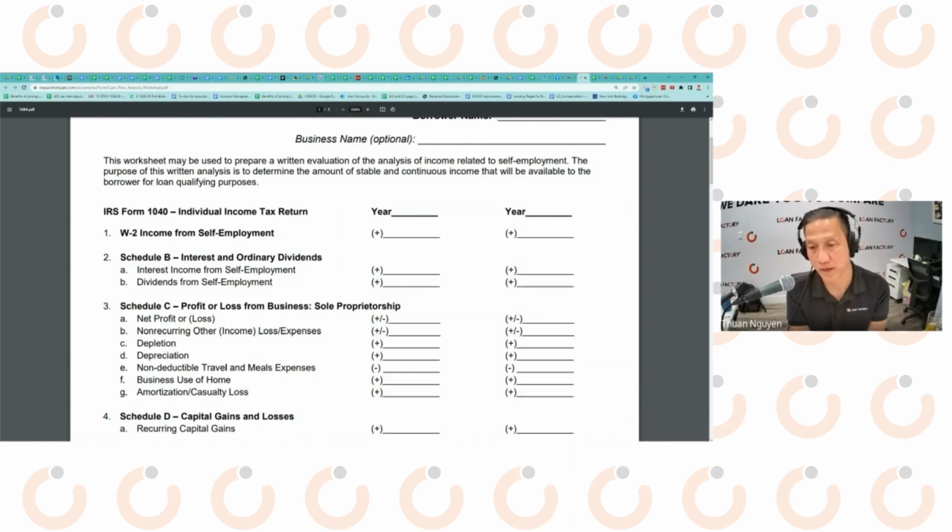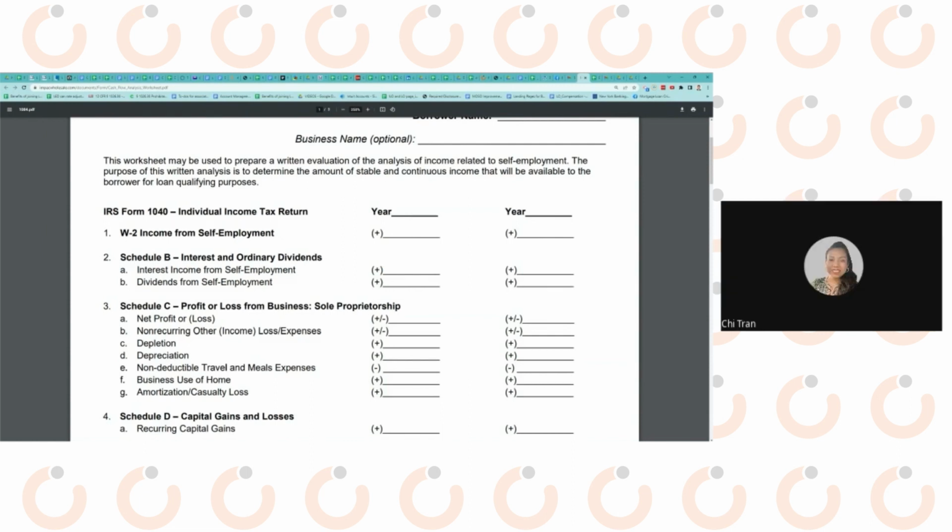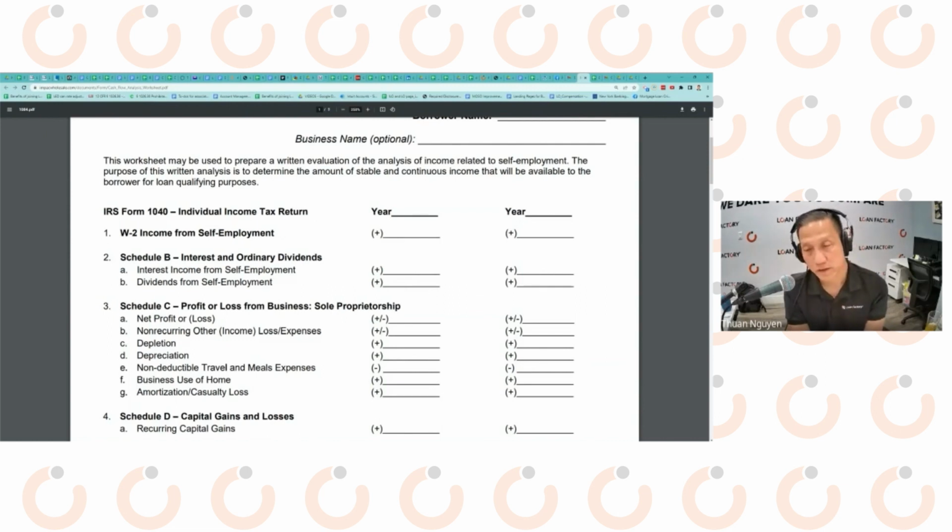No pain, no gain. If you want to take the easy approach, leave it to the underwriter, you never learn and you will never be a good loan officer. But if you spend the time and effort to try to understand how they calculate it, I promise you, after 2-3 loans, you know how to calculate it and you're going to be good. No easy path. You have to learn.